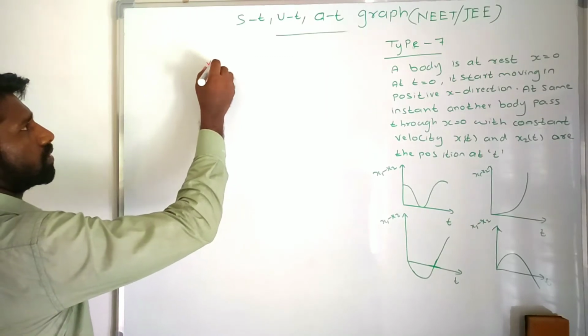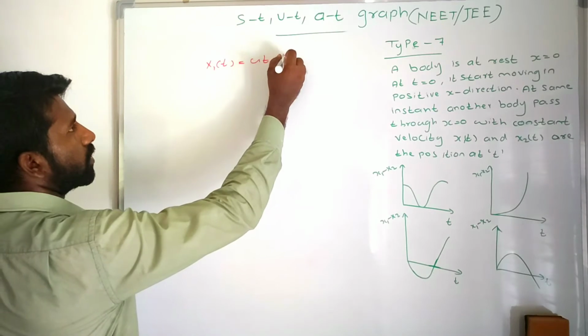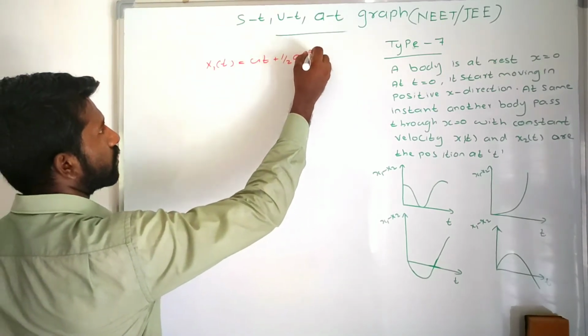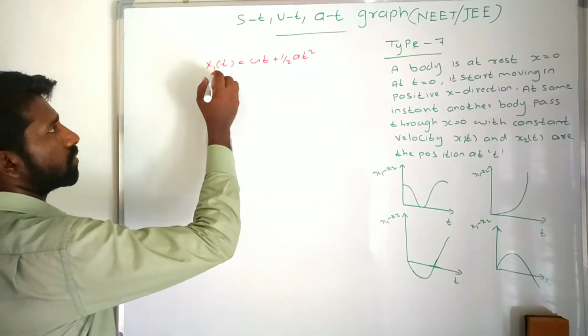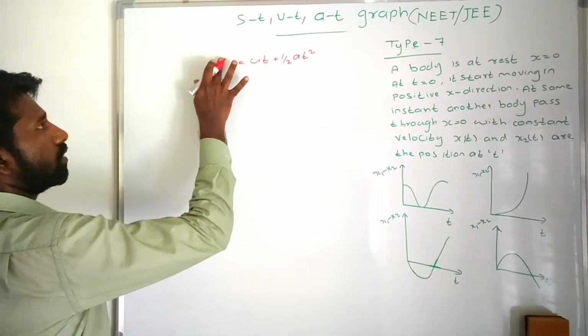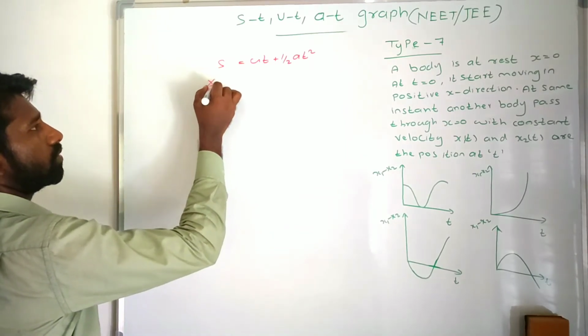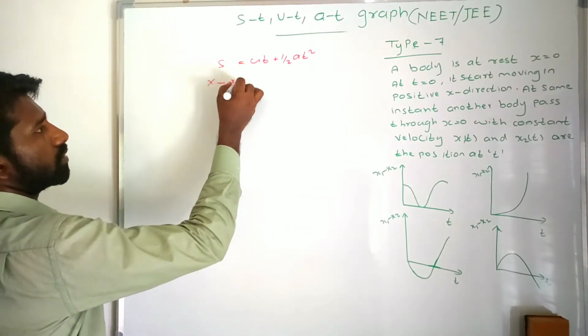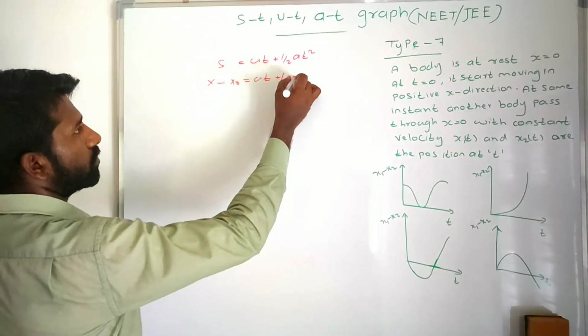We can write it as, for the first body moving, x1 of t is equal to ut plus half at square. Okay, initially it started from rest. S is equal to ut plus half at square. What about x? x is equal to x minus x0, that is ut plus half at square.